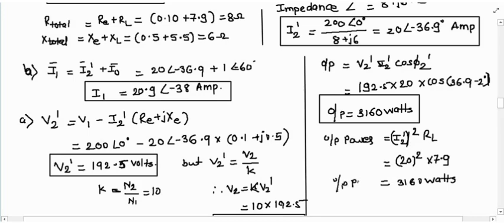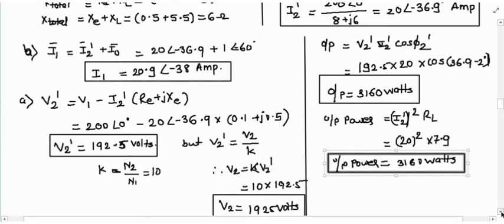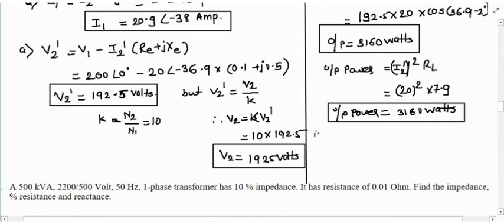Now we have to find out the input power. So what is input power? V1 I1 cos of phi 1. V1 I1 cos of phi 1. So input power is equal to V1 I1 cos of phi 1, which equals 200 into 20.9 into cos of 38, the angle of your current I1, right?